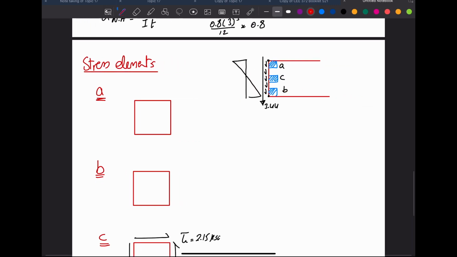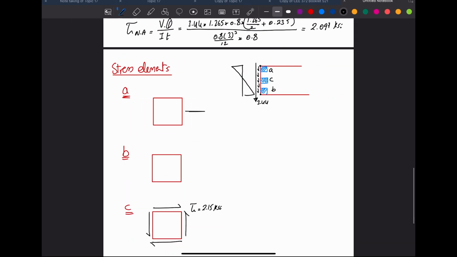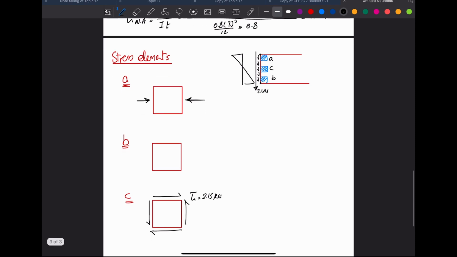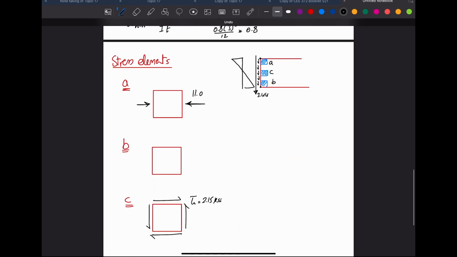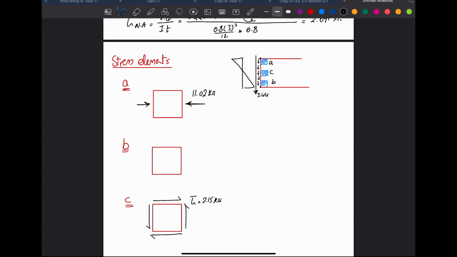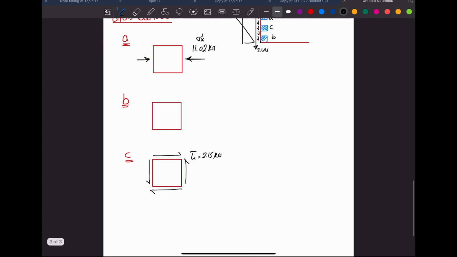So I'm going to put at A, I do have compression equal to 11.02 KSI, that's sigma X. And for C and B, they're in tension.